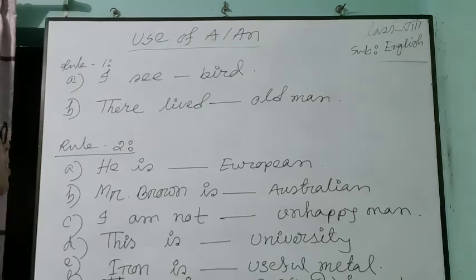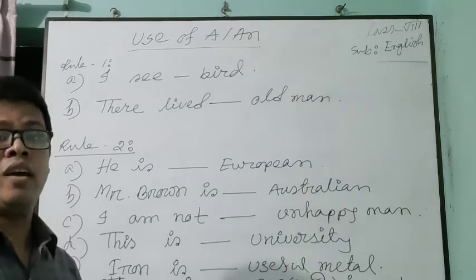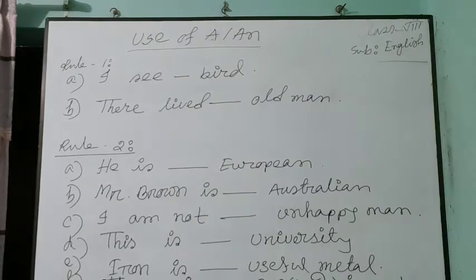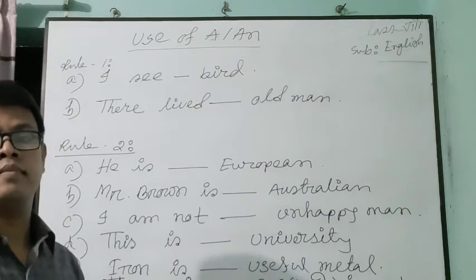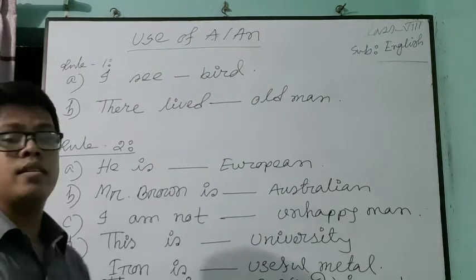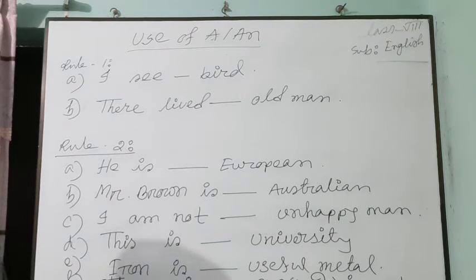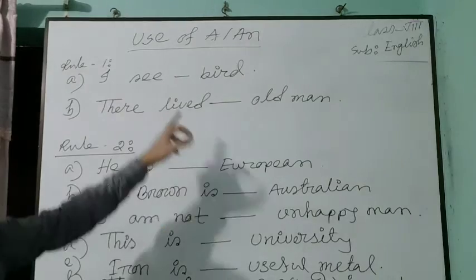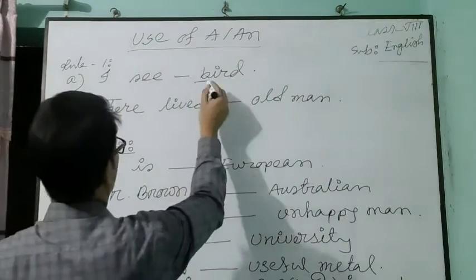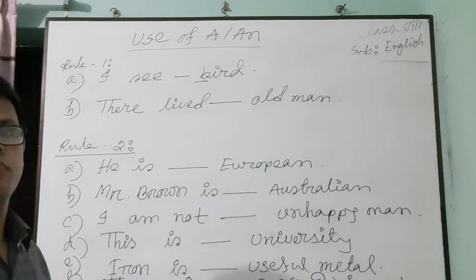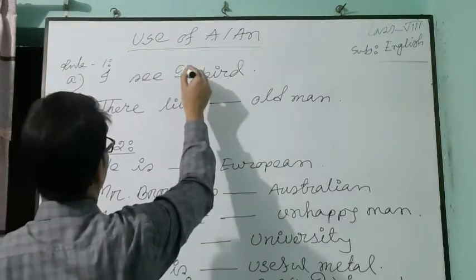Here is an example of using a or an. Students, rule 1 says, if the noun begins with a consonant, it takes a, and if it begins with a vowel, it takes an. That means a is used before a consonant. Here b is a consonant, so we should put a here: a bird.